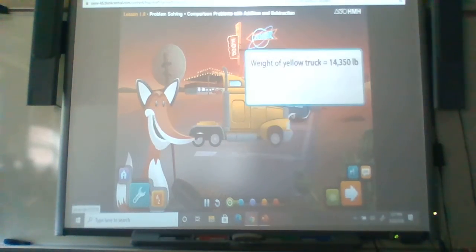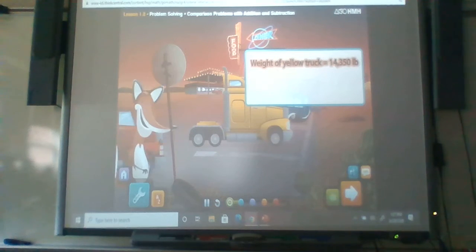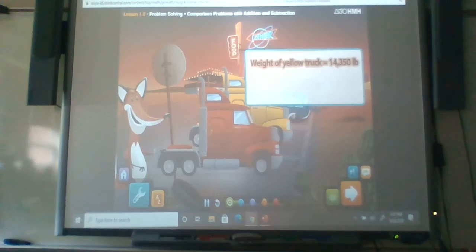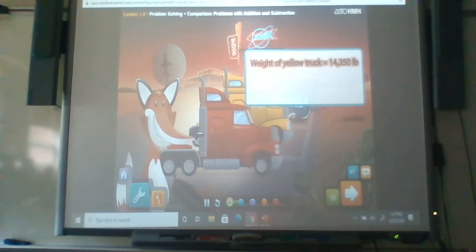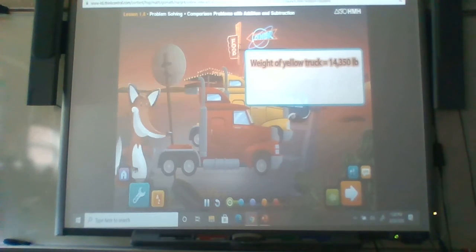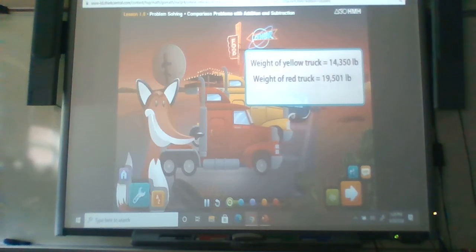That yellow truck weighs 14,350 pounds. Wow! Here comes another truck. And it's an even bigger one. I wonder how much this red truck weighs. Yikes!